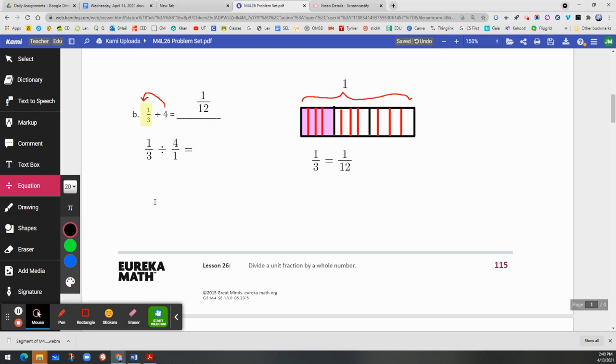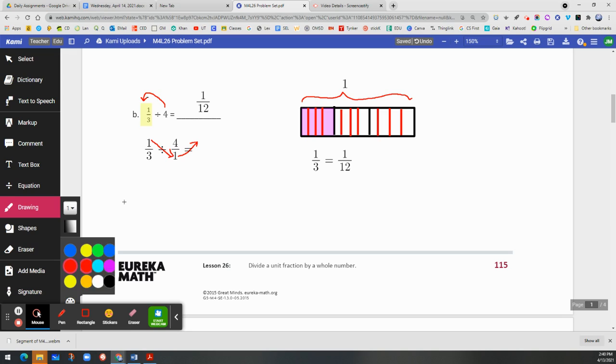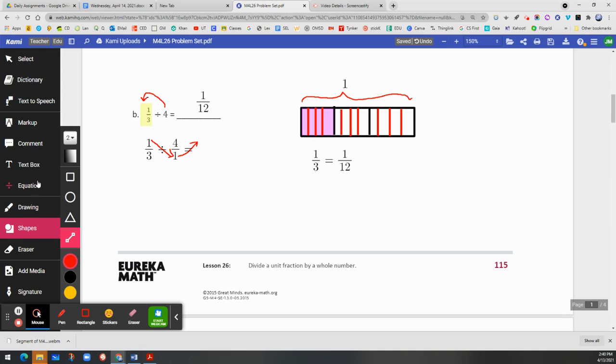And now, after you do that, your next step is going to be to multiply the numerator of the first fraction, watch the arrow, by the denominator of the second fraction, and that's going to yield an answer that's going to go on the numerator. Okay, it's like a ping pong. It goes down and pings up. Now let's write the answer here.